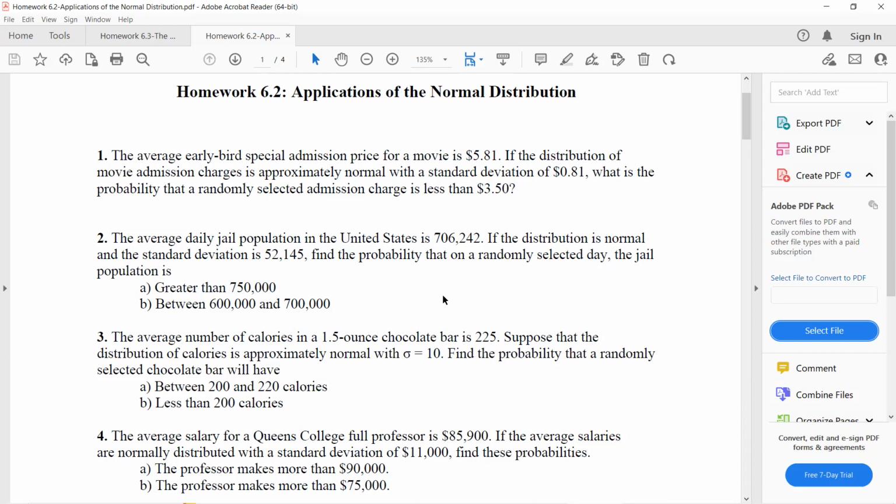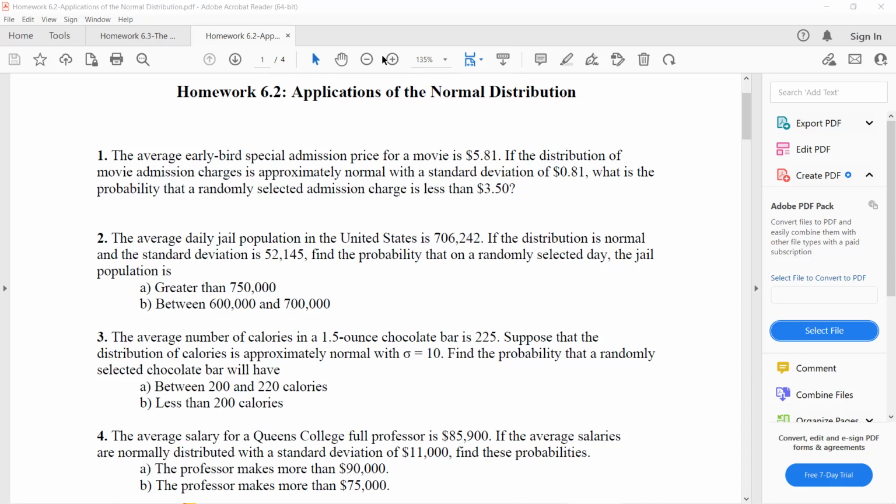Now, the standard deviation is 52,145, and that goes in the denominator, right? We're dividing by it, which leaves our x to be 750,000 for part A. Yeah, exactly.